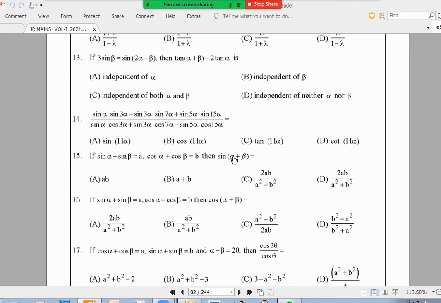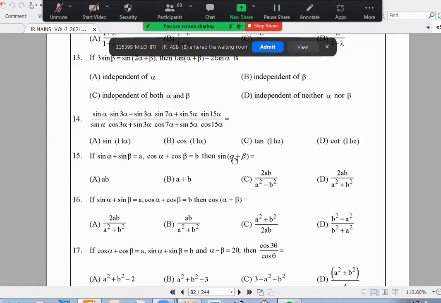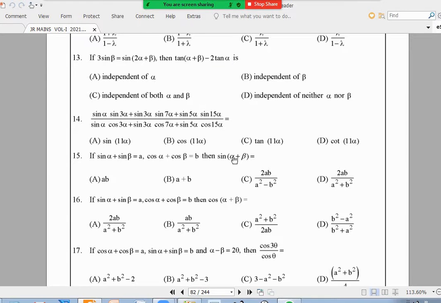In 14, I'm going to multiply 2 everywhere and I'm going to use only one formula. That is 2 sin A sin B is cos (A minus B) minus cos (A plus B).